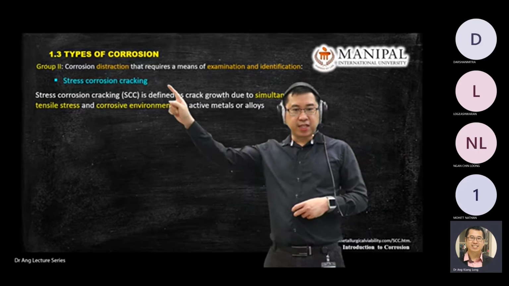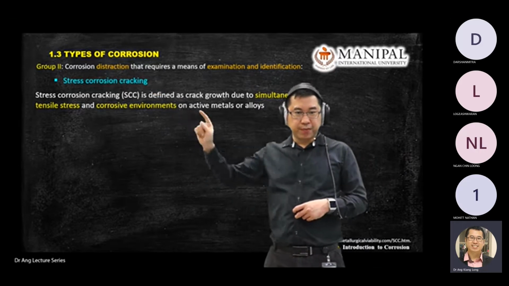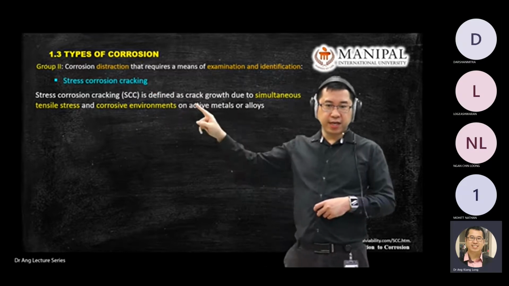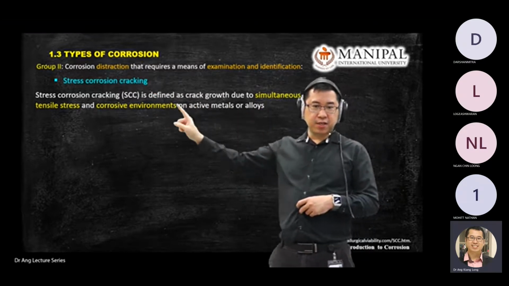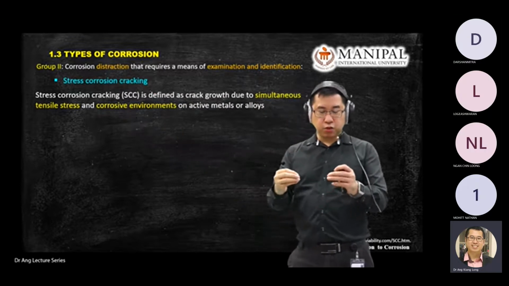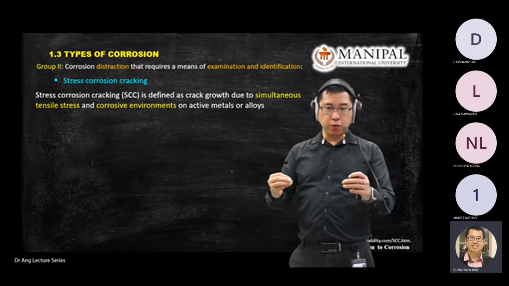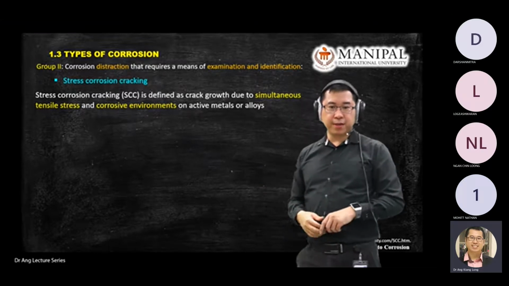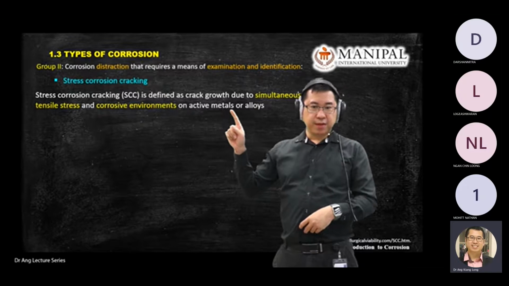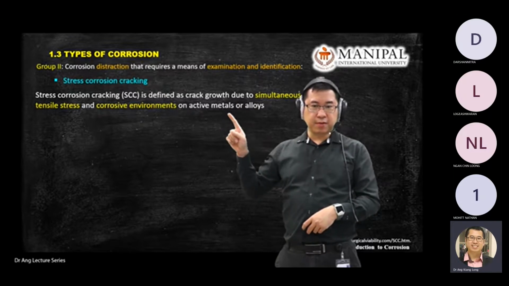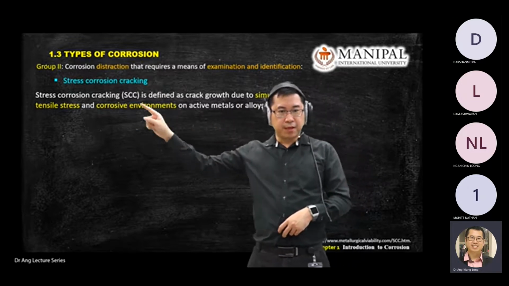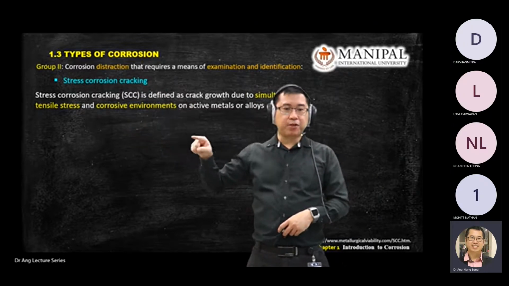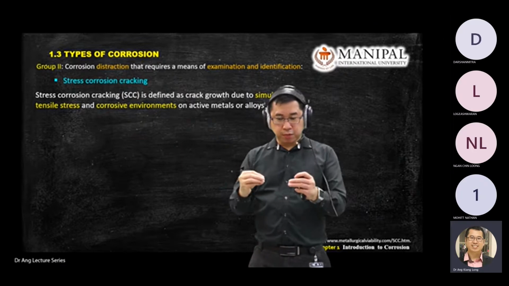So for this type of corrosion, stress corrosion cracking, you need two factors. One, simultaneous tensile stress, which means you need to pull it. So simultaneous tensile stress plus corrosive environment. Then on metals again, corrosion is linked to metal. So just remember, SCC is linked with stress, and the type of stress is tensile stress, the pulling stress.